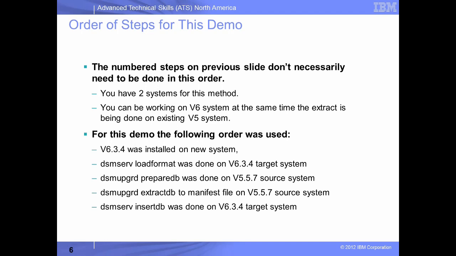Before we did this actual demo, we did all those preparatory steps. We did that first database backup on the version 5.5 system just to make sure that we had something to fall back on if we needed to. So at the point where I start this set of demonstrations, the systems are ready to go. All the prep work has been done.